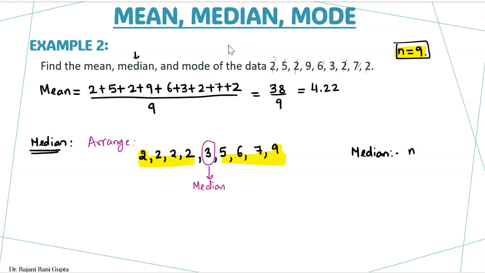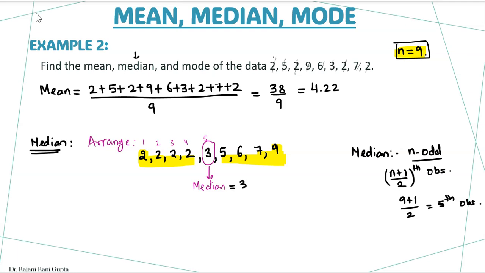If n is odd, it is the n plus 1 over 2 observation. So what we have? 9 plus 1 over 2. That is 10 over 2. That is the fifth observation. So if we look at the position, 1, 2, 3, 4, 5. On the fifth position, we have number 3. So our median is 3.